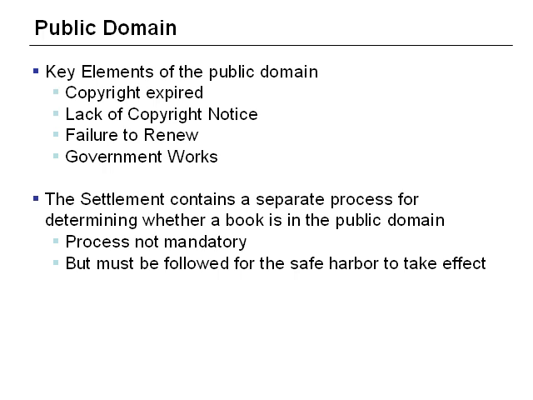The settlement contains a safe harbor for Google with respect to books it mistakenly classifies as public domain. To take advantage of the safe harbor, Google must follow a specific process for determining whether a book is in the public domain. The process is not mandatory, but it must be followed for the safe harbor to take effect.